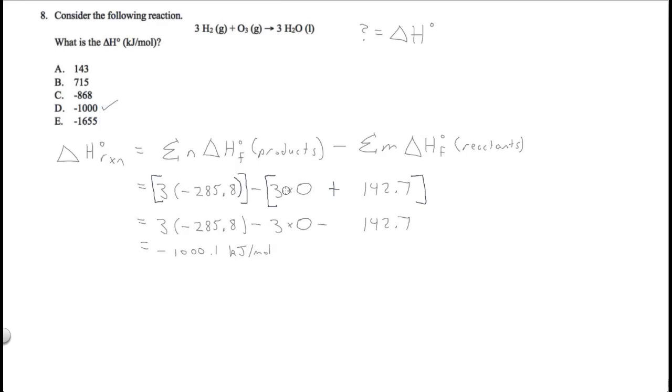Instead, we need to remember to distribute this negative sign over each term for the reactants. In the tutoring session, I encourage the student to do this step in her head and not write down this step on the paper. But in reality, you might be better off if you do write down this step on paper.